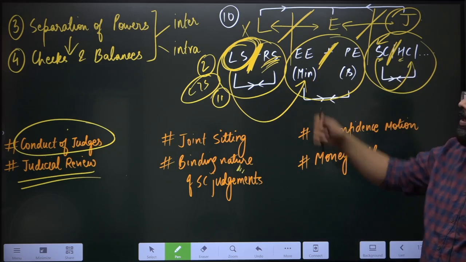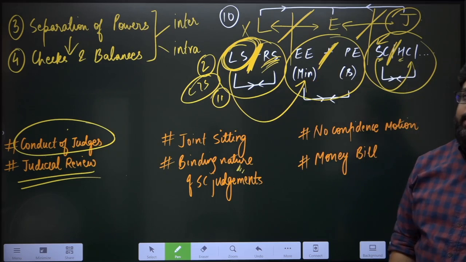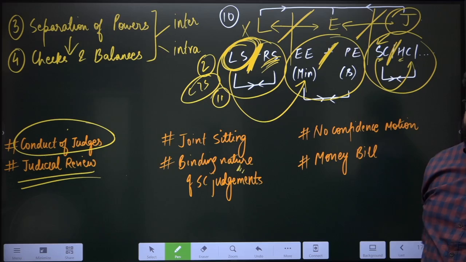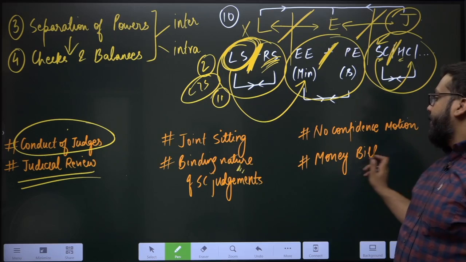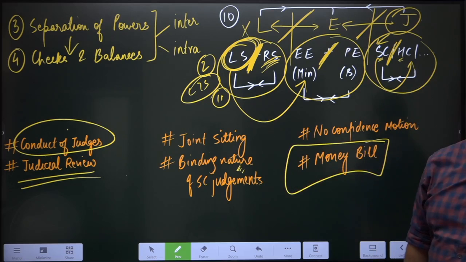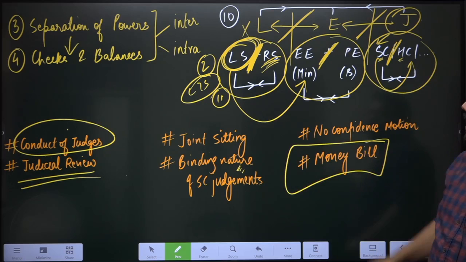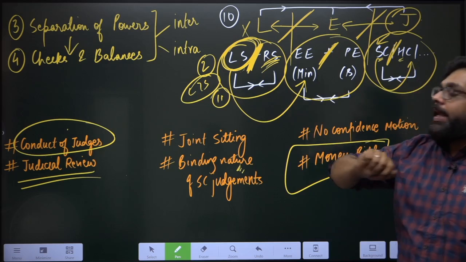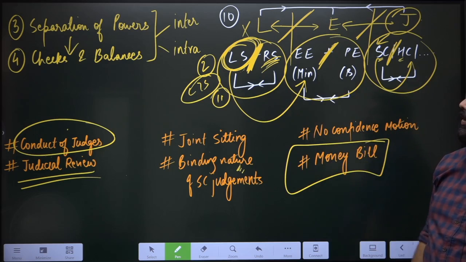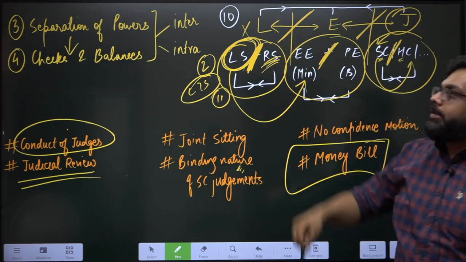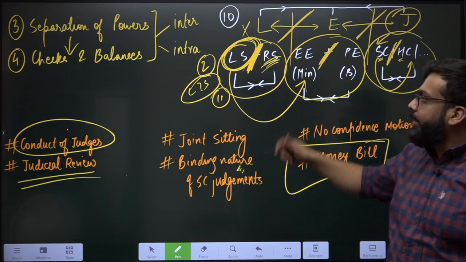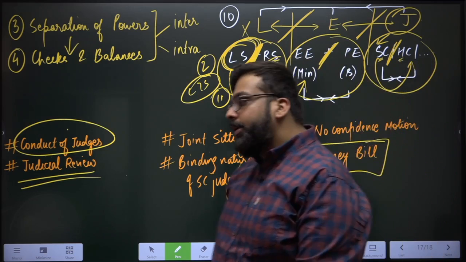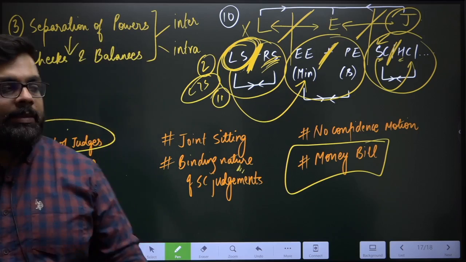This is also why Rajya Sabha doesn't get equal money bill powers or no confidence motion powers. Money bill, right? For example, money bill. A money bill can only and only be introduced in the Lok Sabha, right? Intra separation of powers and combination of rule number 2, federal balance.